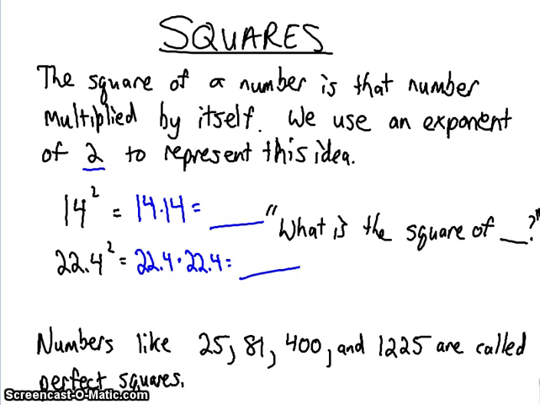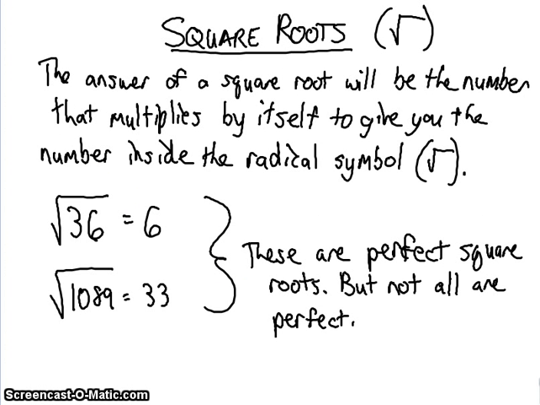Multiplication and division are opposites. Well, squares and square roots are opposites of each other. Square root is represented by that symbol. You may recognize it. The answer of a square root will be the number that multiplies by itself to give you the number inside what's called a radical symbol.